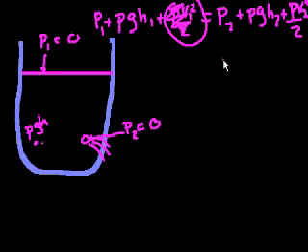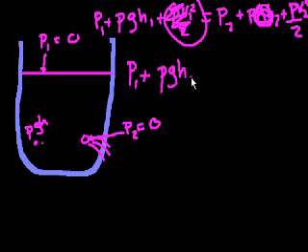And then we also defined that the hole was at 0. So H2, the height of H2, is 0. And so it's simplified down to the input pressure, the pressure at the top of the pipe, or at the left side of the pipe, plus rho GH1.